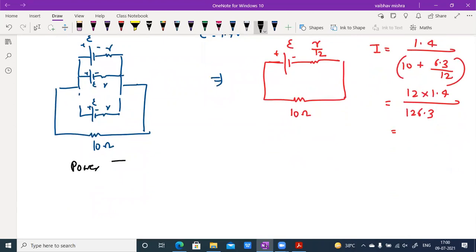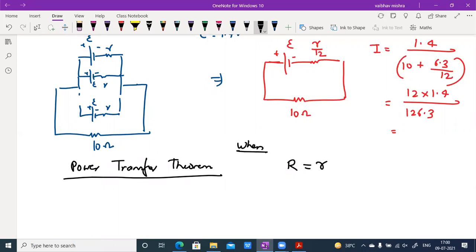When external resistance is equal to internal resistance, the circuit delivers maximum power. We derived this.